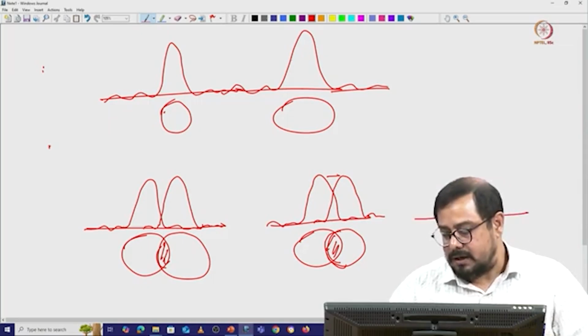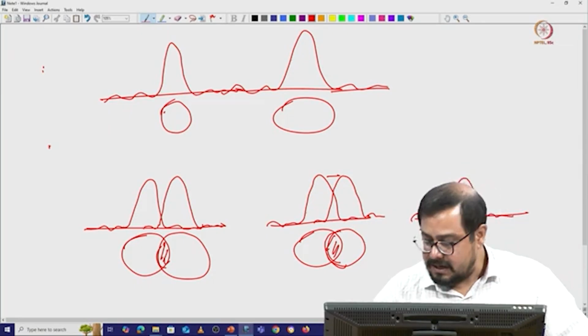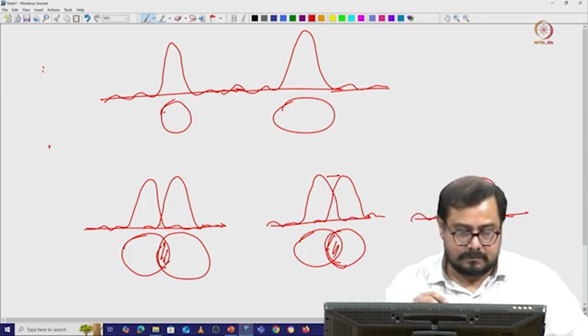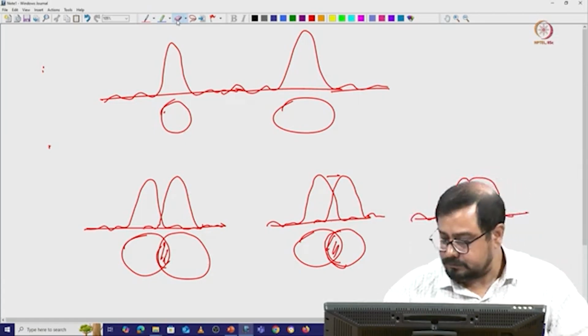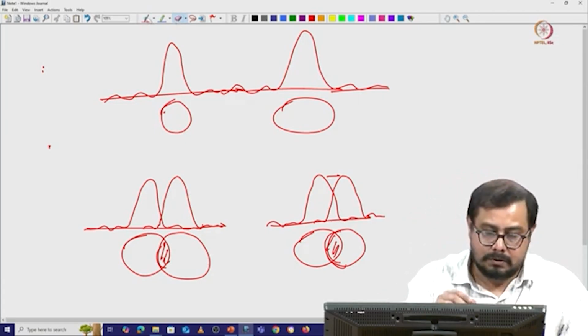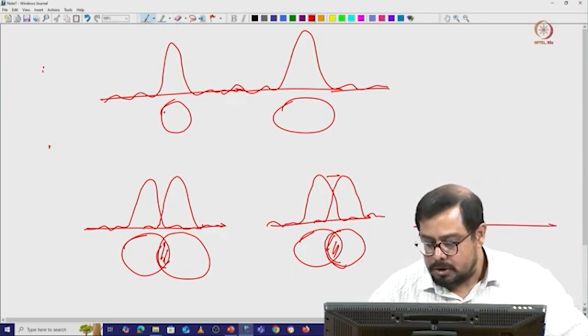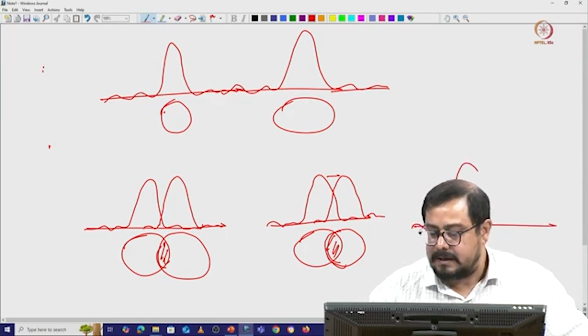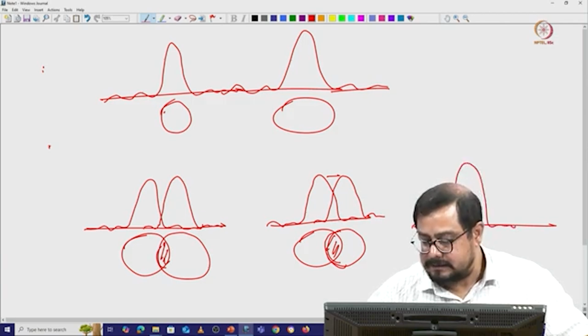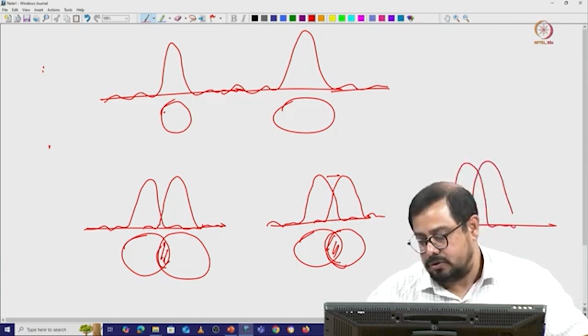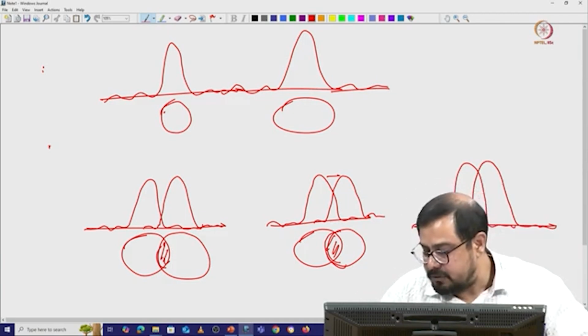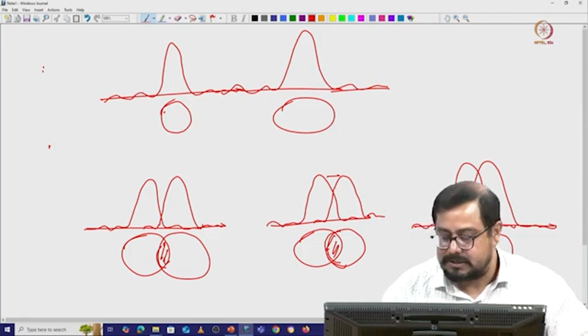Now the last possibility is this, that we have a peak here, and the second one is also here. In this particular case you can see that both the rings are completely overlapped with each other.